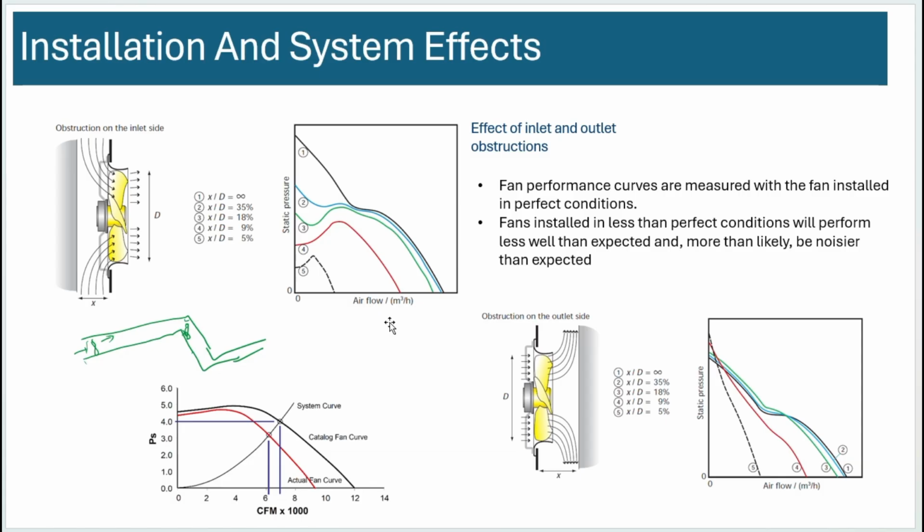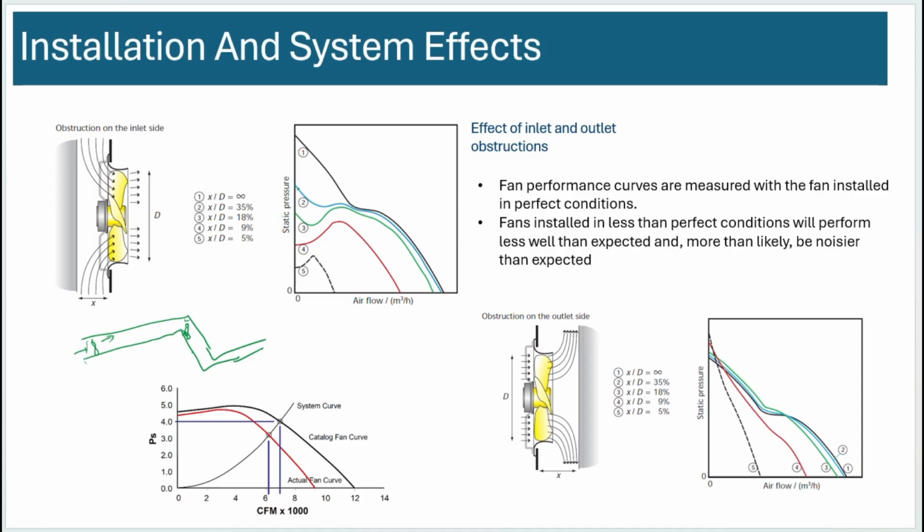Let's say your actual fan curve is number 1 here, and now when you install it in the system, there is a wall at the inlet side of the fan at a certain distance, based on the diameter of the fan, let's say 35%, 18%, 9%, 5%, etc. If that distance is 5% of the fan's diameter, you can see that the fan curve shrinks and it produces almost no pressure and no flow rate.